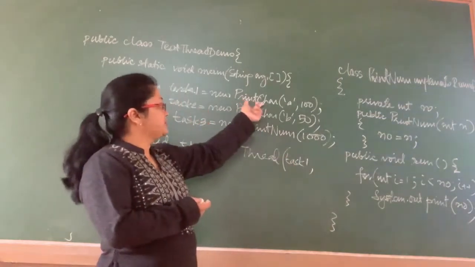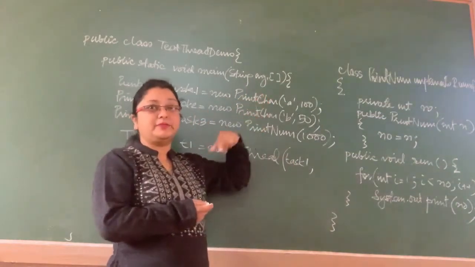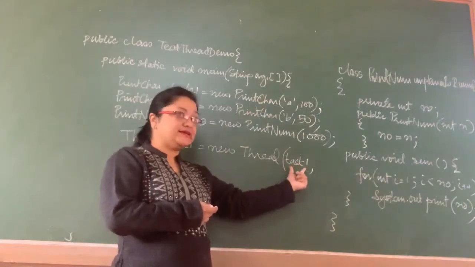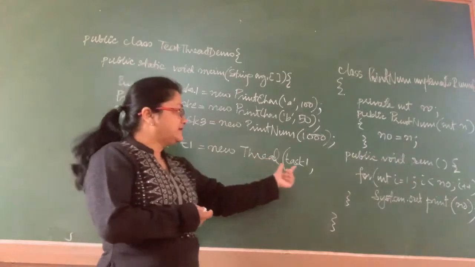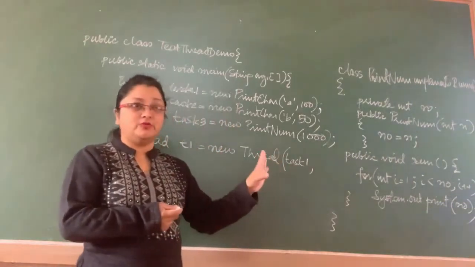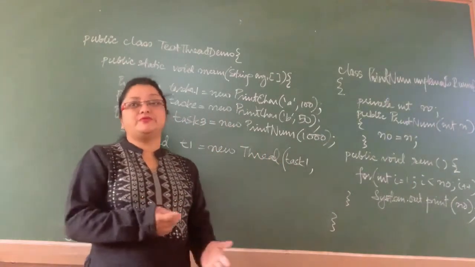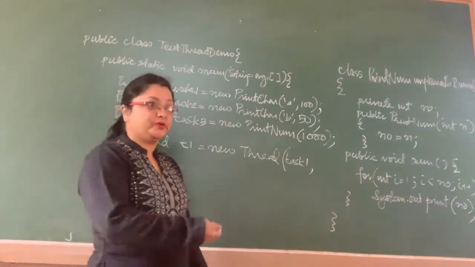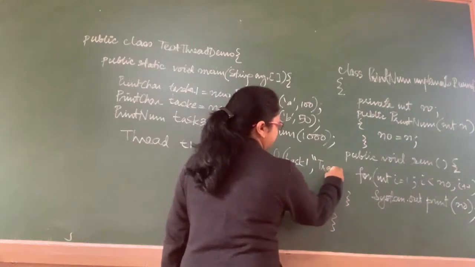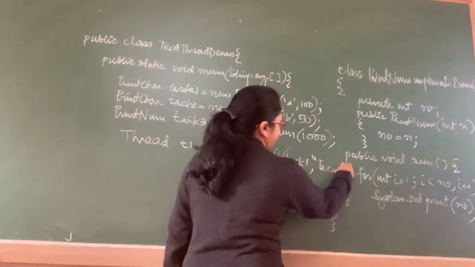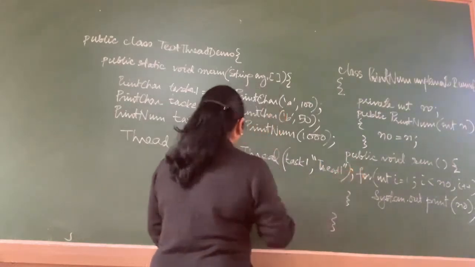Task1 is an object of printChar, and printChar implements Runnable, so here we are assigning that task object to the thread. The second argument, again optional, if you want to keep it, is a name for the thread. Let me call it Thread 1. This is a string.